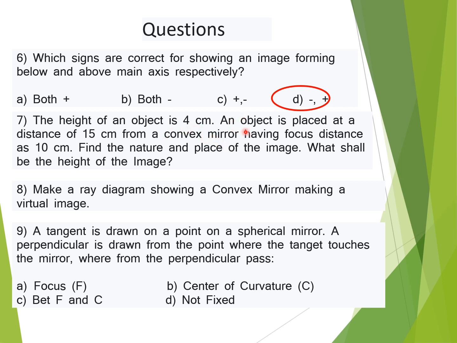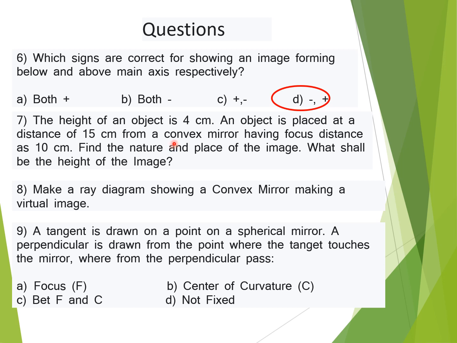One, of course, the place of the object is given, that is U. U is 15 centimeter and U is always minus. So U is minus 15 centimeter. Then they have given the focal distance of the mirror as 10 centimeter. So F is 10 centimeter. Since it is a convex mirror, it will be positive. So F shall be plus 10 centimeter.